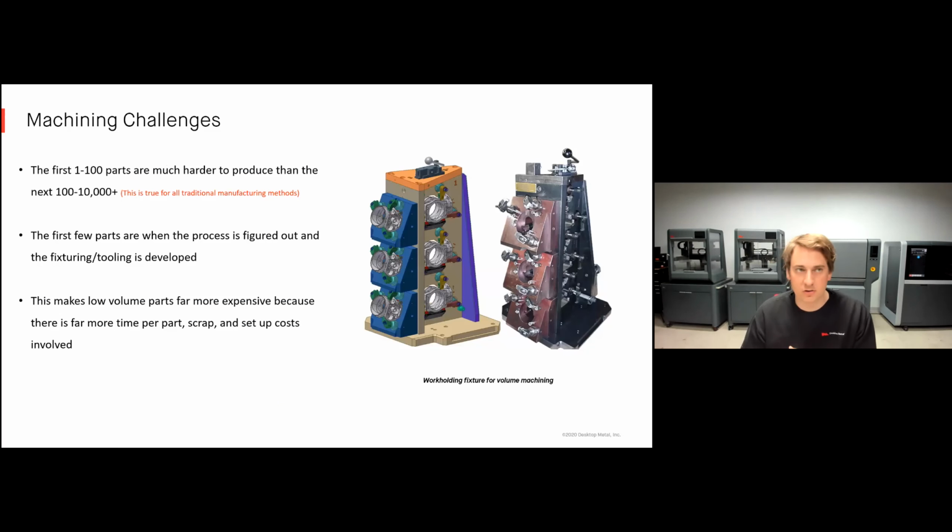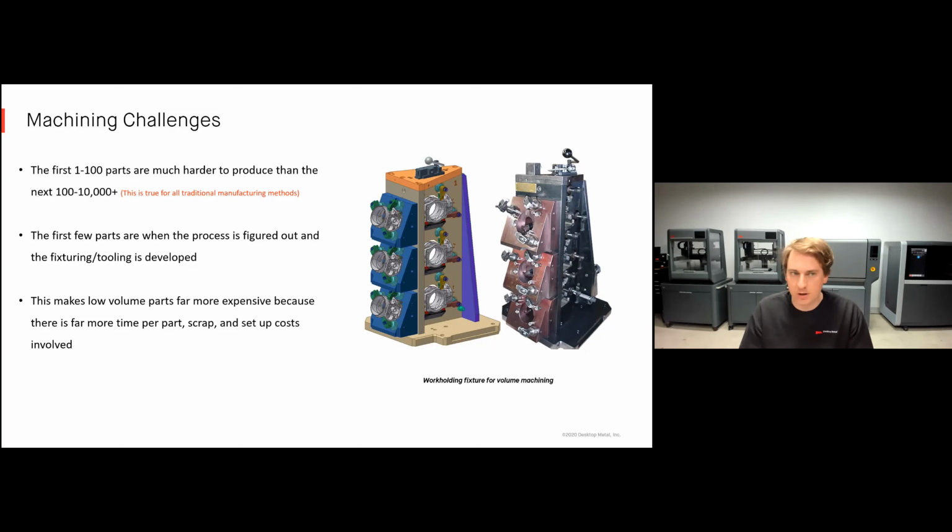Of course, traditional machining carries some challenges with it. Like all traditional manufacturing methods, but really all manufacturing methods, there are some challenges to it. Specifically, these challenges really revolve around the first 1 to 100 parts. These parts are exponentially harder to produce than the next 100 to 100,000. With these first 10 to 100 parts, this is really when the tooling is being figured out.